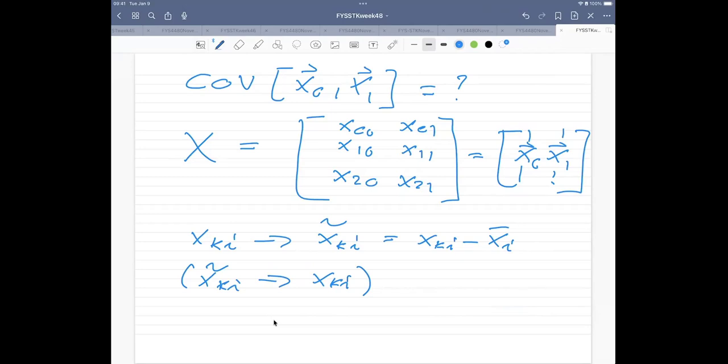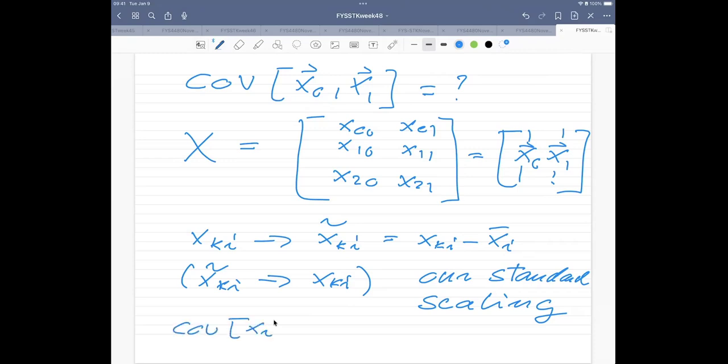It's a pretty common thing. So this is our standard scaling of data. So I'm using this to repeat some elements as well. In our standard scaling, you could divide with the standard deviation as well. So the covariance, how is that defined? The covariance is defined for two vectors, x_i and x_j.